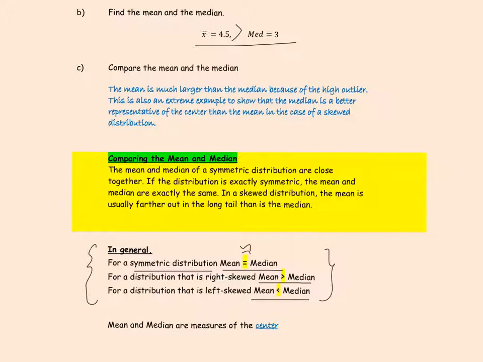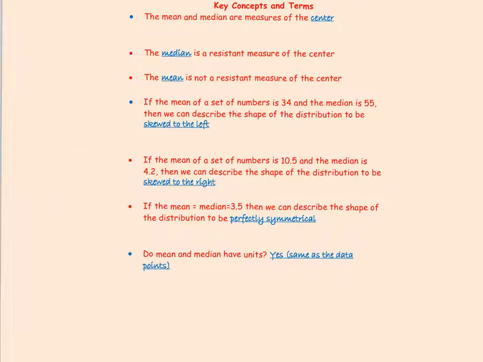Both the mean and median are measures of the center, but in the case of a skew, the median is a better representative of the center. Again, let's quickly review important facts about the mean and the median and how they compare in the case of symmetrical distributions and distributions that are skewed to the left or right.